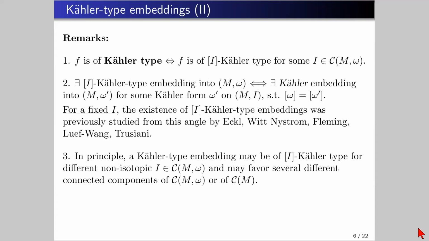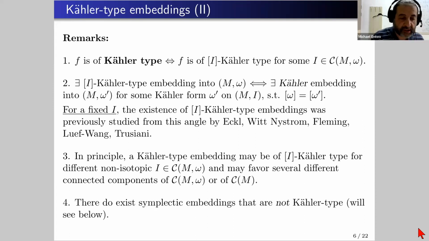So again, when you have a Kähler-type embedding, it is symplectic with respect to the given symplectic form, but maybe holomorphic with respect to many integrable complex structures compatible with that form. So that complex structure does not have to be unique. Therefore, a particular embedding may favor different connected components of these sets. Okay, that's remark number 3.